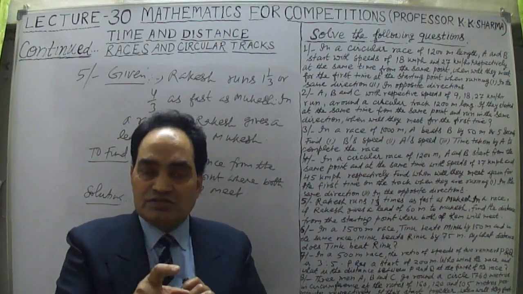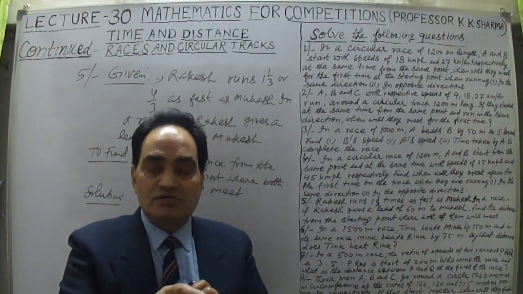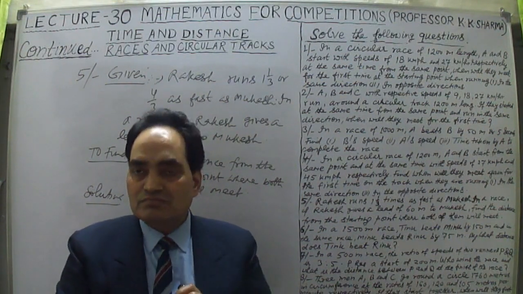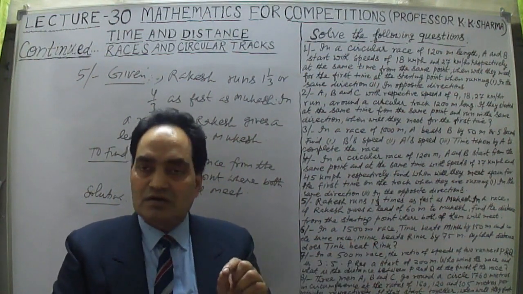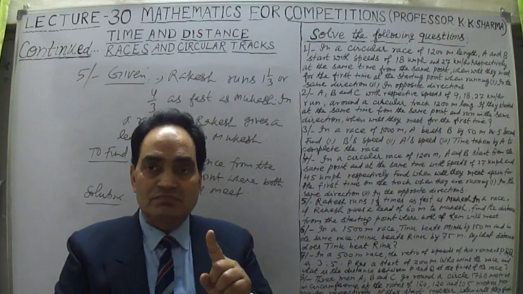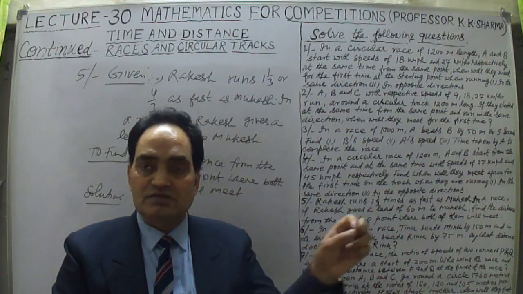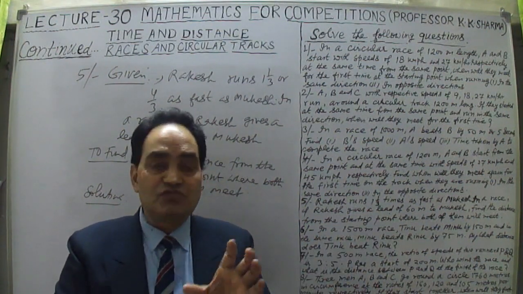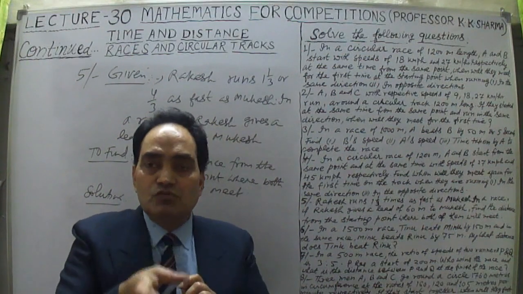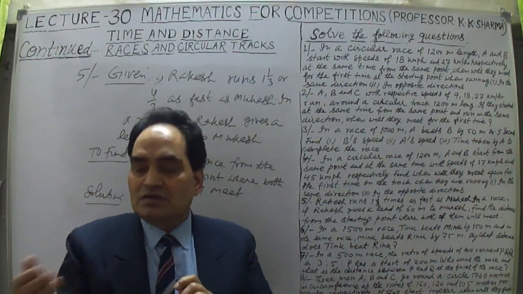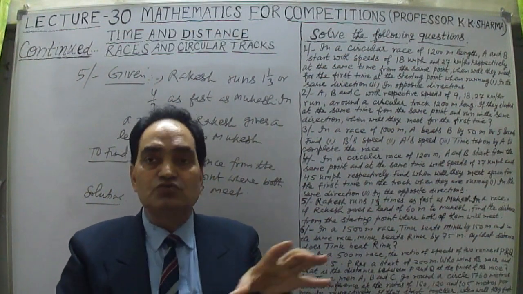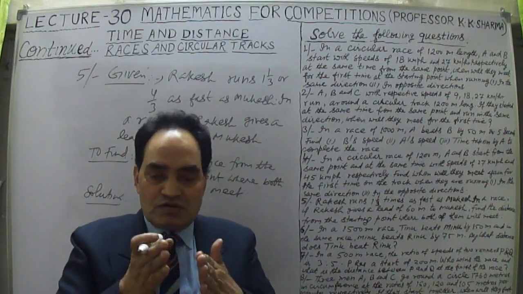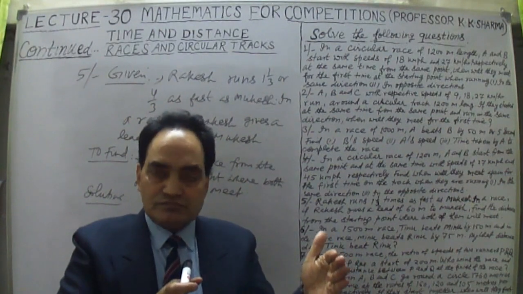That means Rakesh is gaining 1 meter for every 4 meters, because 3 meters is run by Mukesh and Rakesh is running 4 meters. Now he has to gain 60 meters.